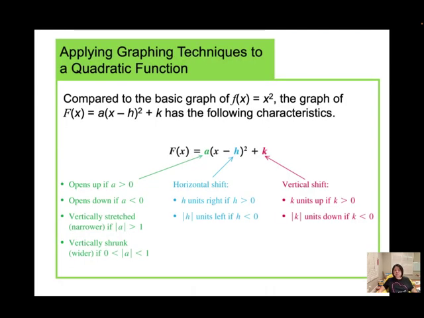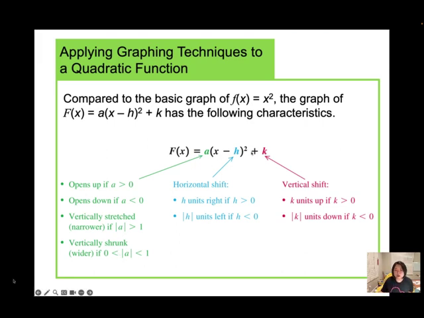Okay, this is more details for the summary. One more time. A greater than 0, going to be upward. A less than 0, that will be downward. And then when a is greater than 1, the graph is going to be narrower. When a is between 0 and 1, then the graph is going to be wider.